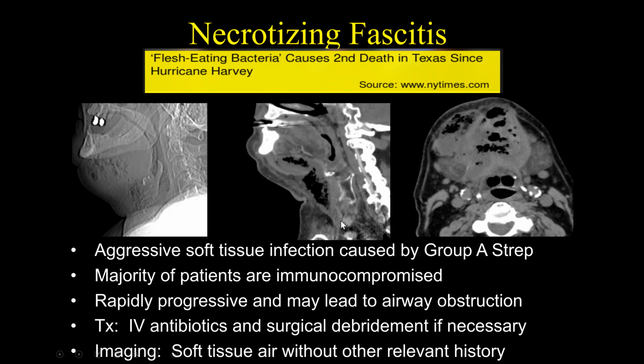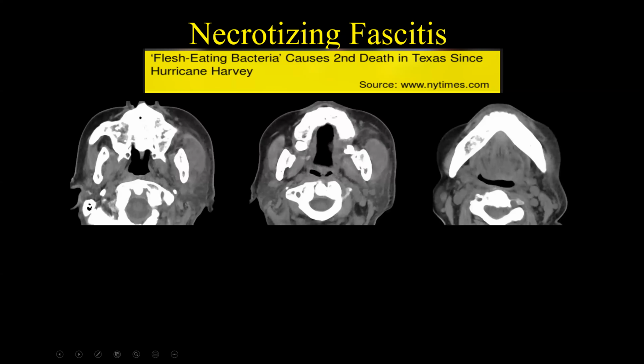As I mentioned before, we can make the diagnosis if we see air involving the soft tissues. Now, this was a patient that clinically had necrotizing fasciitis. So with a leap of faith, we can see diffuse enlargement of the masseter muscle. And if you look at the parotid gland, the parotid looks like it has some increased attenuation. And we can see all of the cellulitis involving the soft tissues overlying the mandible.